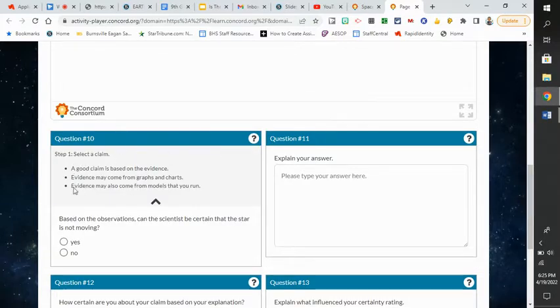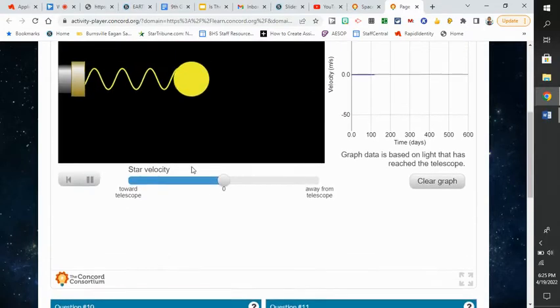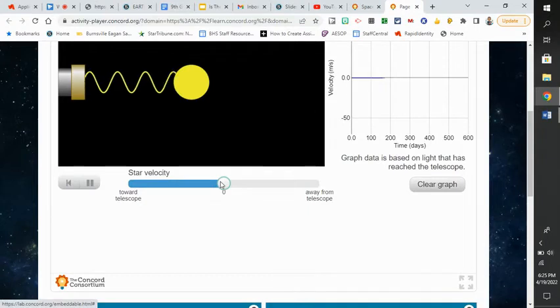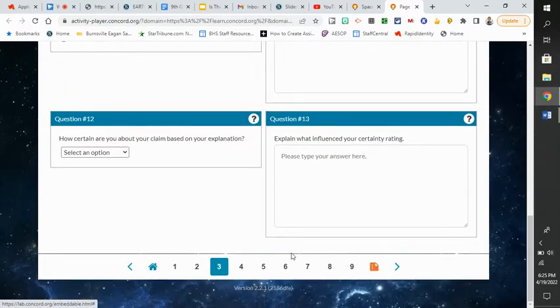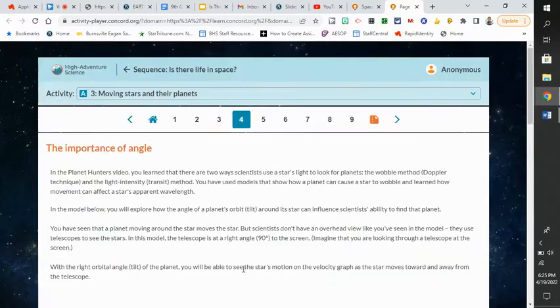So you're making a claim here, so base it on evidence. Your evidence can come from this model. So if you take a look at the models, can you change anything to keep the light yellow, moving toward or away? I'll give you a moment to work on this, and we'll go to part 4.